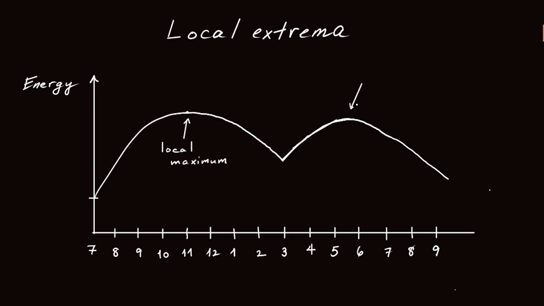This would be another local maximum. But in between these two local maxima, we have this local minimum. That's where you have this nadir in your energy level. It's the lowest energy level nearby.